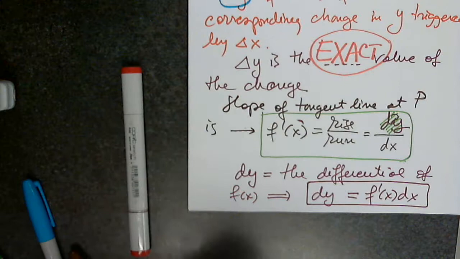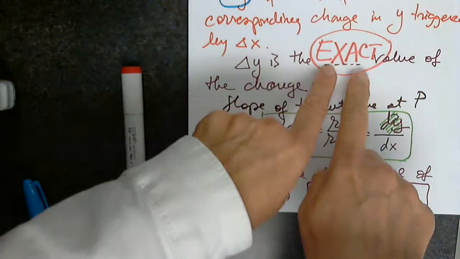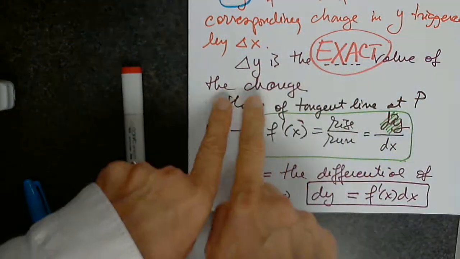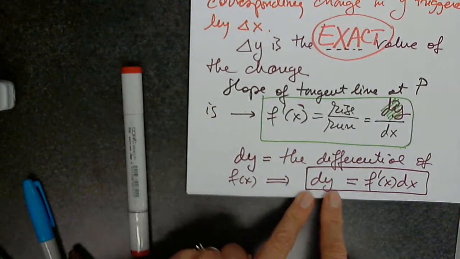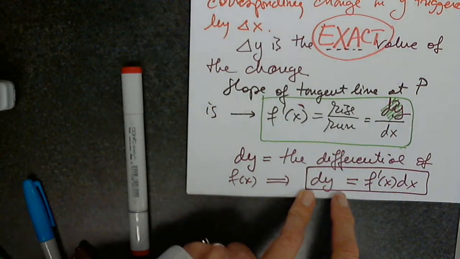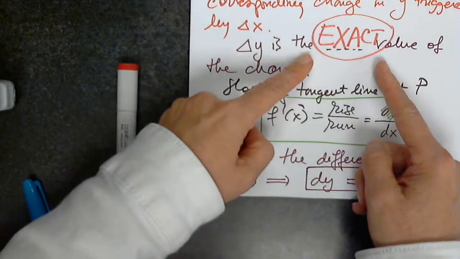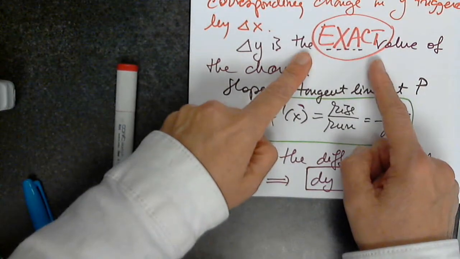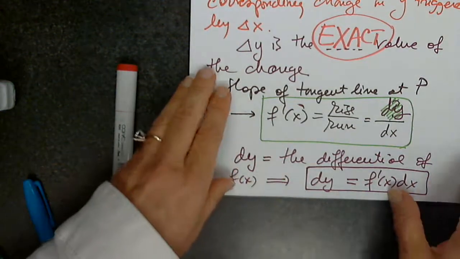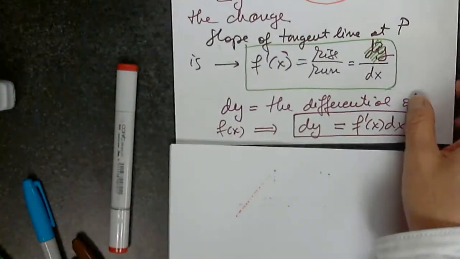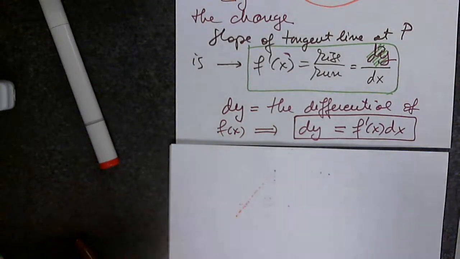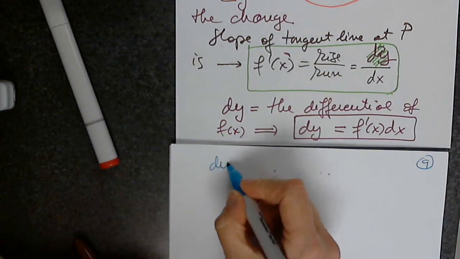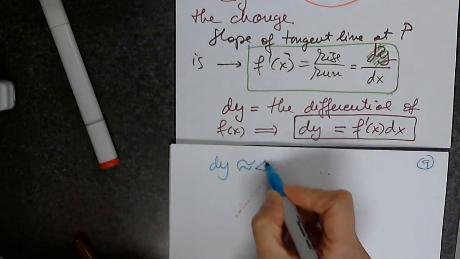This is the approximation. Delta y was the exact value created by the delta x. But this is the approximated value of the change. Not the exact, but the approximated. So I will say dy is approximately delta y.